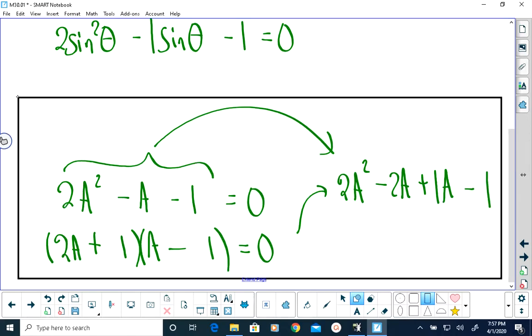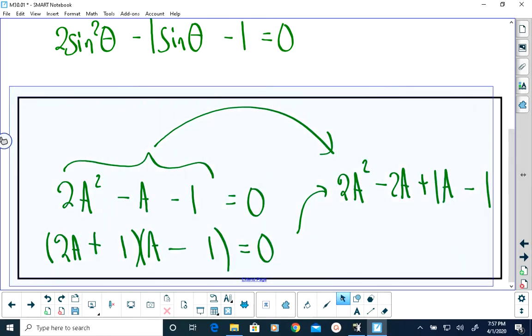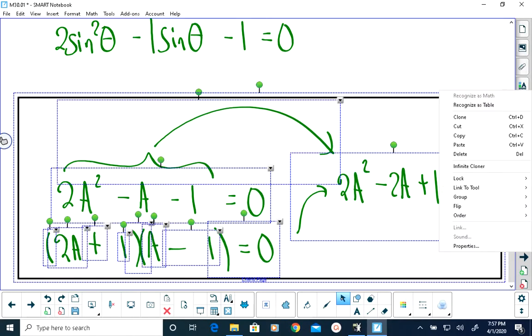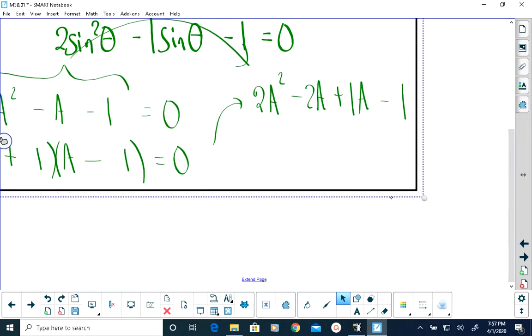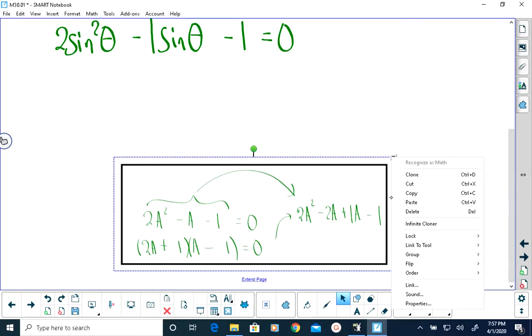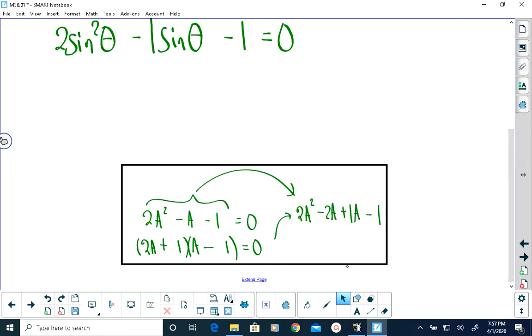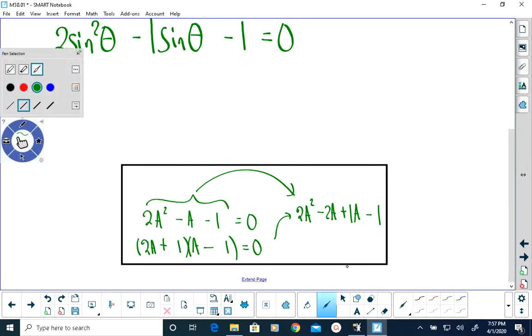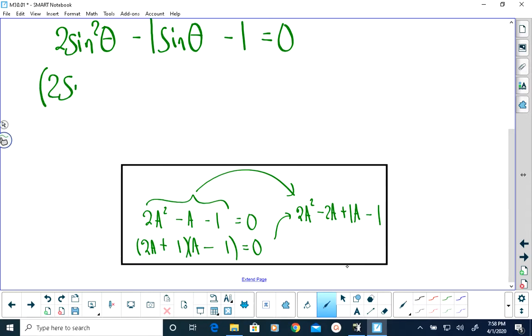And the fact that it contains a squared and a shouldn't change how you factor it, even if, sorry, I'm just catching up to myself here, my computer is going really slow right now, even if it's not a squared and a and 1, but instead it's sine squared and sine and 1. You should still be able to say, you know what, this must be 2 sine of theta and sine of theta.